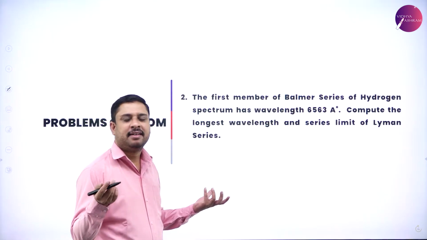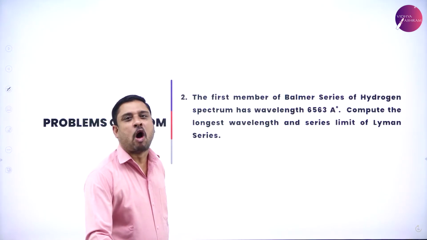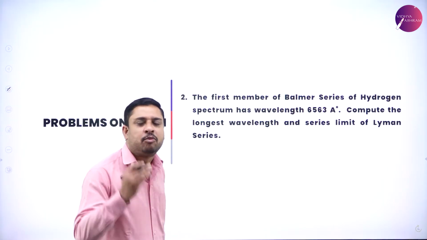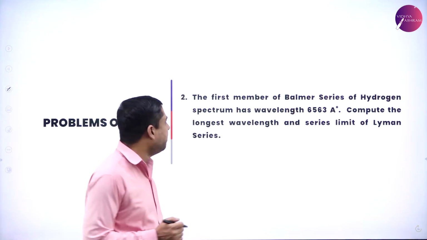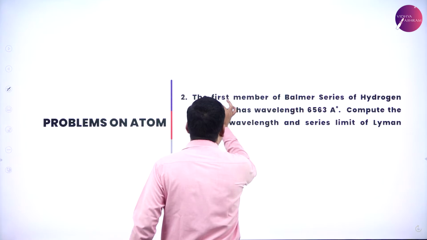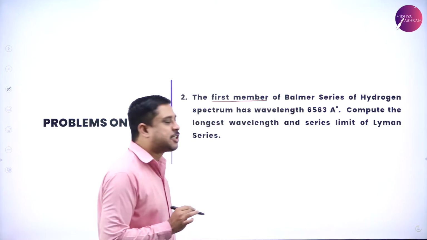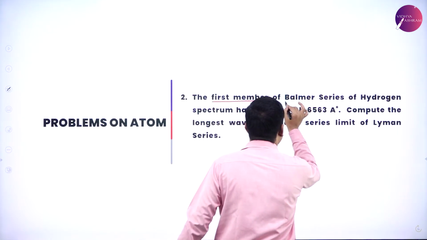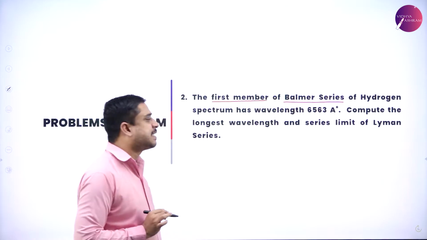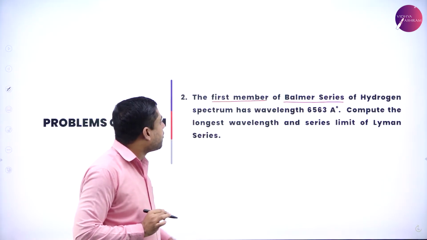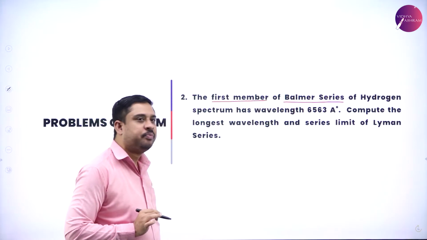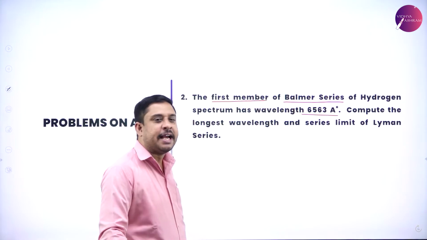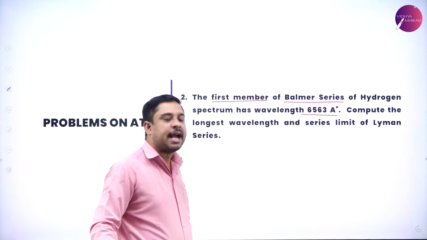The same way, see, umpteen number of problems being repeated from the same concept. Second one, the first member of Balmer series of hydrogen spectrum has wavelength 6563 angstrom.